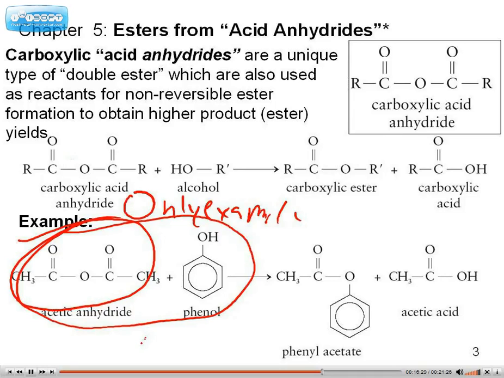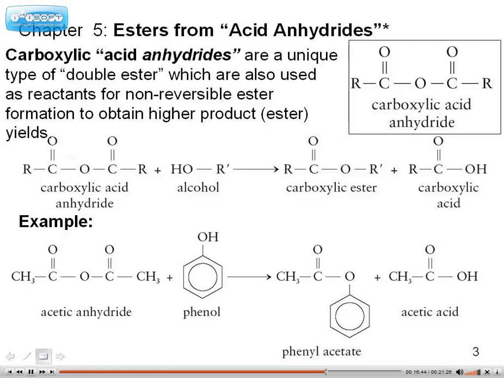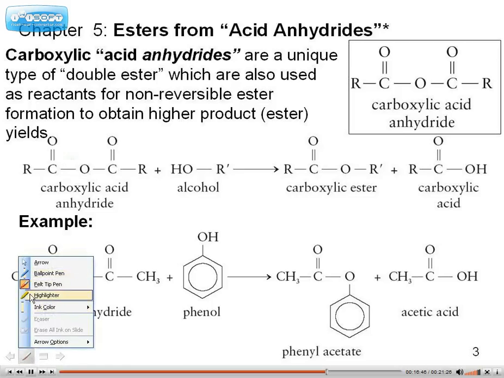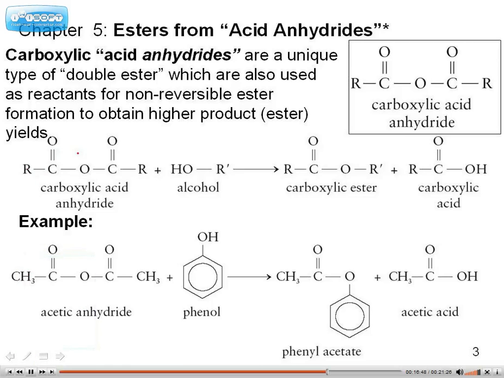I'm not going to get crazy on this. I'm not going to have you learn the naming schemes for this. Simply predict the products for this example only. You can look for the pattern that I'm about to show you, or you can just sit there and memorize the products. Why am I doing this? Because we have so much other stuff to conquer, and it's one way that I can make it a little bit easier.